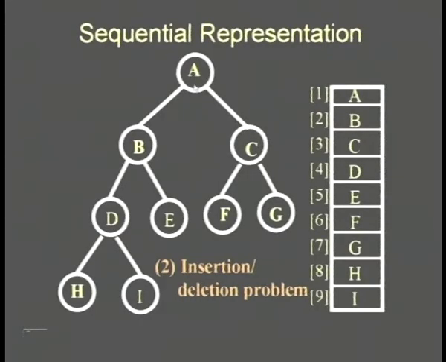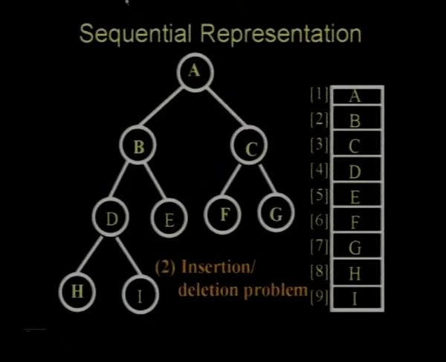So if you look here, this is the parent, and its children are at 2I, which is 2 into 1, and 2I plus 1, which is 3. Then if you take 2, I is 2, so the children are 4 and 5, 2 into 2 plus 1. Then for 3, it is 6 and 7 that we have here, and then D is at 4, so its children are 8 and 9. So this is an example of a complete binary tree representation.